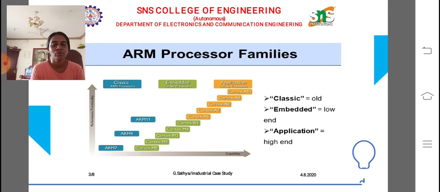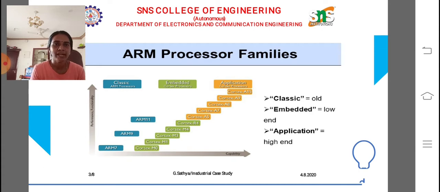The electronic components using ARM7, 9 and 11 were used only for lower end applications. Using these processors we can do only simple operations. We can't do multiple operations, only one simple operation at a particular time.